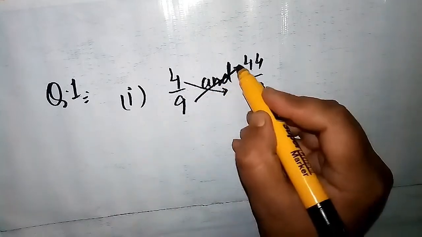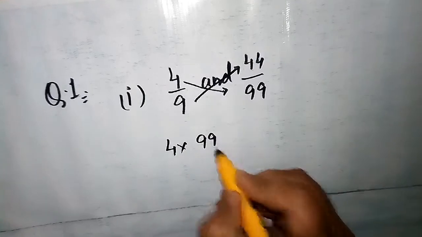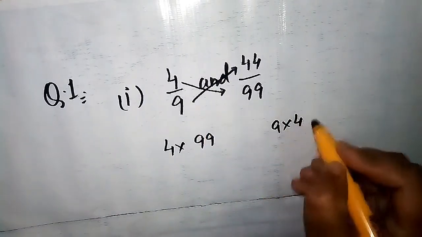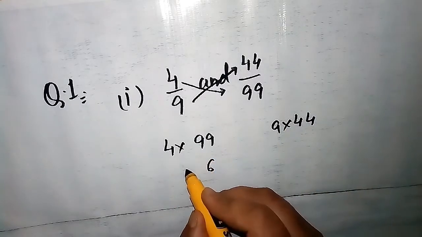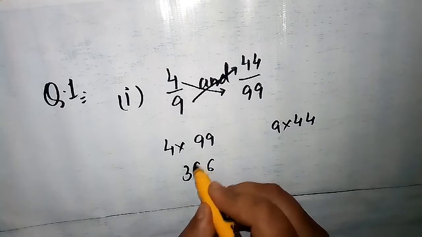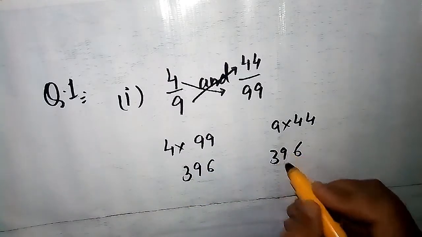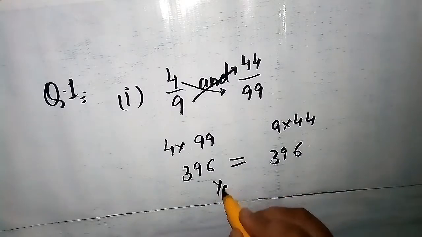Cross multiply: 4 multiplied by 99 on one side and 9 multiplied by 44 on the other side. Don't put any sign between them before multiplication. First of all, check whether they are equal or not. 4 99s are 396 and 9 44s are also 396.